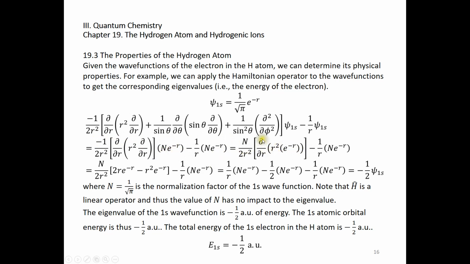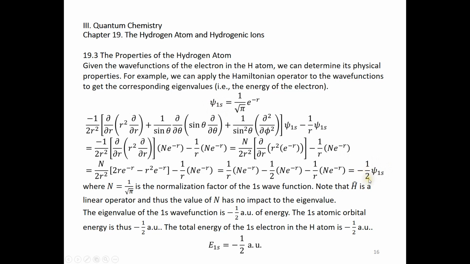Now we just need to take the derivative of r squared times e to the power of negative r. And over here again, this is just the potential energy operator applied to the wave function. We expand this using the product rule. It's 2r times e to the power of negative r, and then minus r squared times e to the power of negative r. And we can simplify this expression. In the end, we get 1/2 times this wave function with a negative sign in the front.